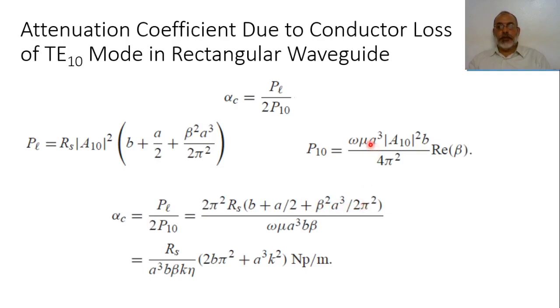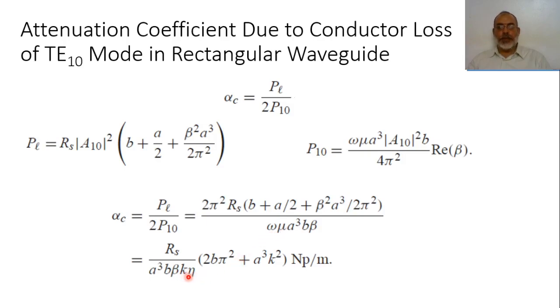Now here we have omega mu a cubed beta b multiplied by beta, and we have 4 pi squared here, and already we have division by 2, so this would be 2 pi squared. Now by arranging this formula, we can say that omega mu can be replaced by k eta.